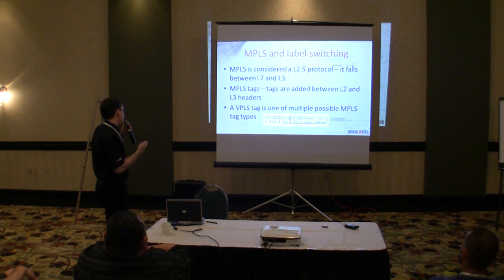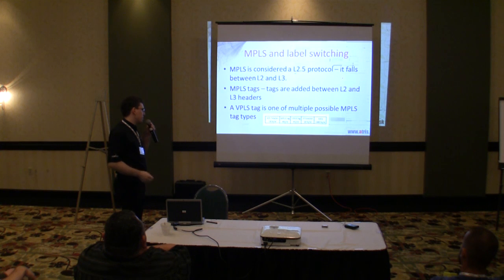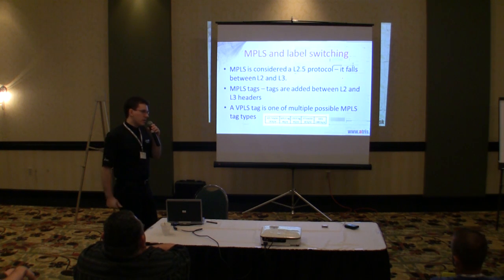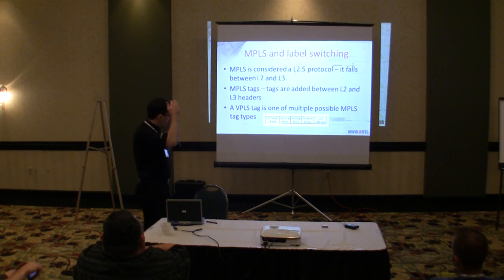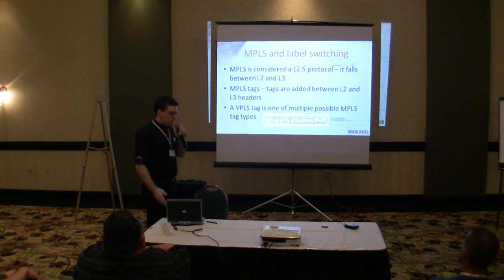And you can see a VPLS tag is just one of multiple possible MPLS tag types. You have basic MPLS tags, then you have MPLS QoS tags, etc. The point is that MPLS supports many different frames in there, you can have as many as you need.